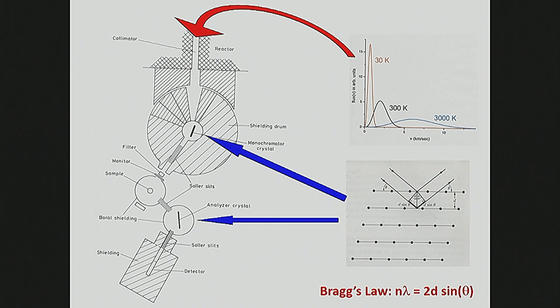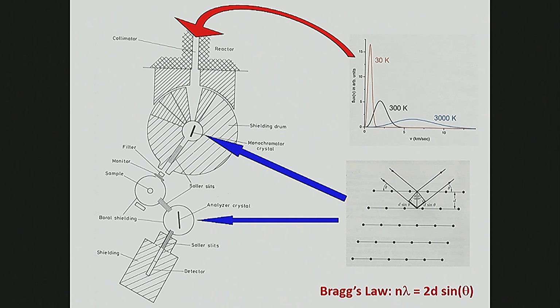And the way this instrument works, and the way a lot of neutron instruments work, is that you determine the neutron energy and the neutron wave vector, velocity, and such by measuring the neutron's wavelength. Okay? And you do that with two monochromator crystals. So there's a crystal here, there's another crystal here. And they both are using just Bragg's law. So n lambda equals 2d sine theta.